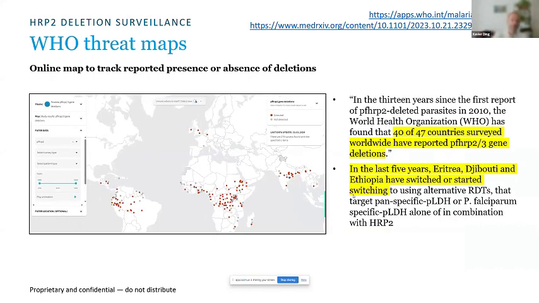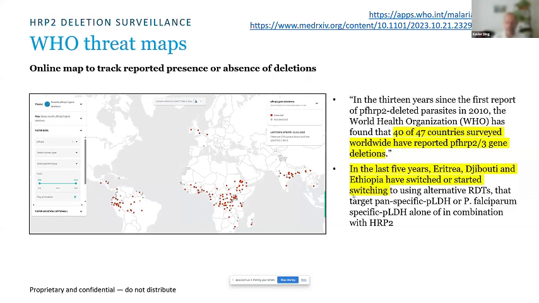And they also have a similar map about data on HRP2 deletion, and the surveys or data reporting occurrence of deletion are those red dots on this map. And it's quite clear that while this issue is not widespread everywhere, it has been detected pretty much everywhere at a low intensity. So out of the 47 countries surveyed, deletions were identified in 40 of those.